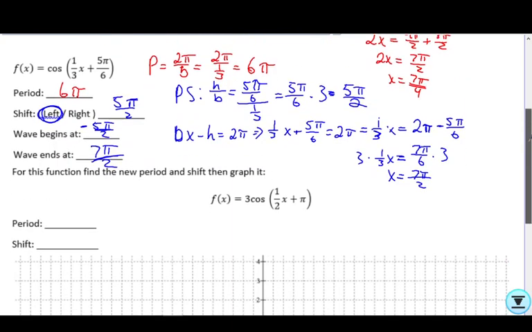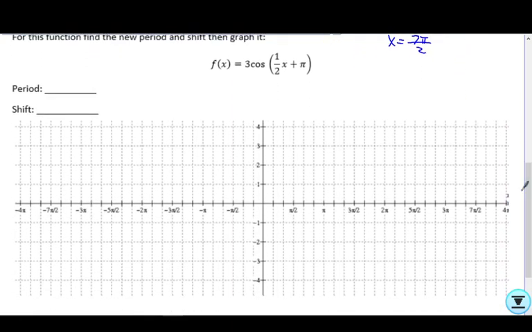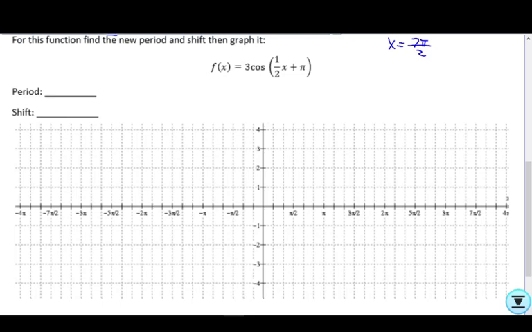All right, so using that kind of idea, let's graph this one with its phase shift, cosine with the phase shift. Let's start by finding our new period. Same thing we've been doing. This is 2 pi over 1/2, which is 4 pi. So our period is 4 pi.